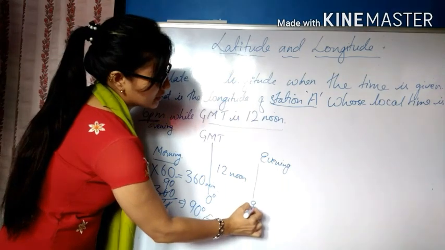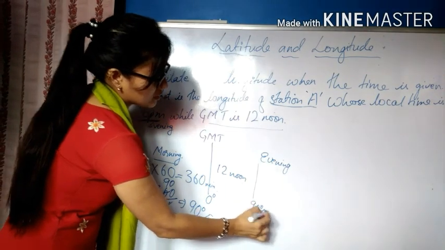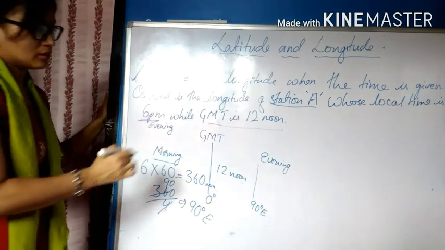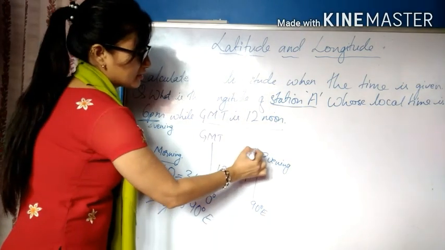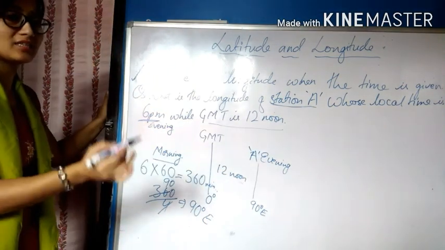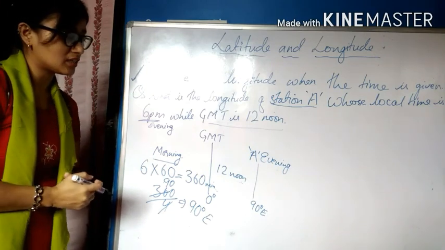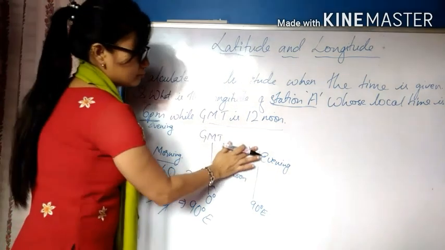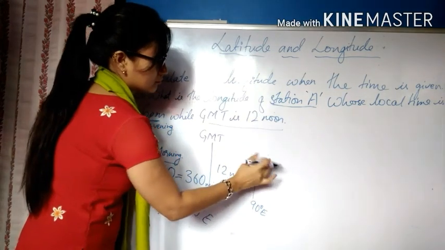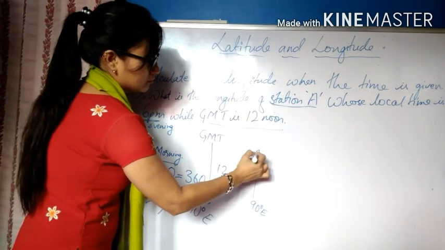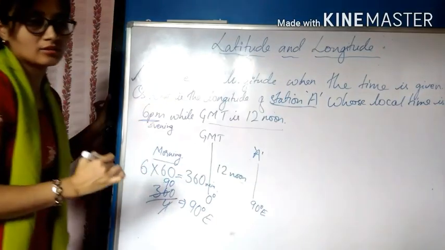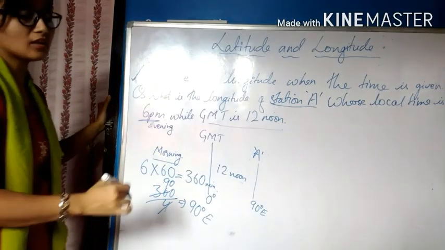It is located at 90 degree east. The station A is located at 90 degree east.